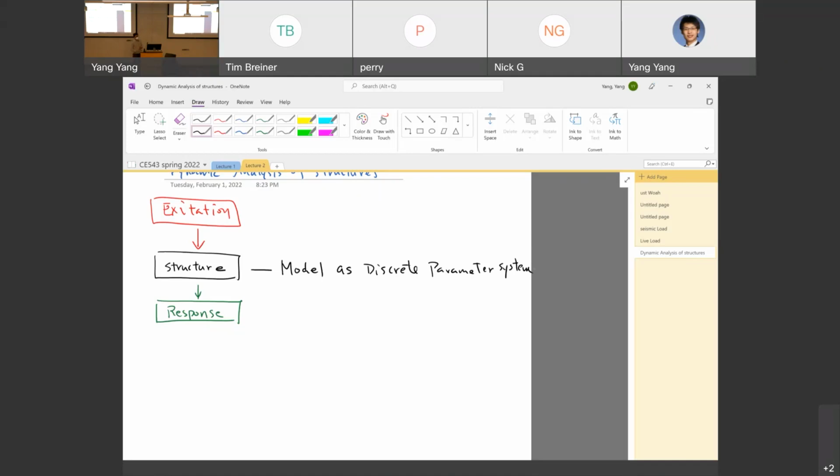But in most cases, we should be able to model them as a discrete parameter system, so that they are easy to formulate and good to approximate the structure.